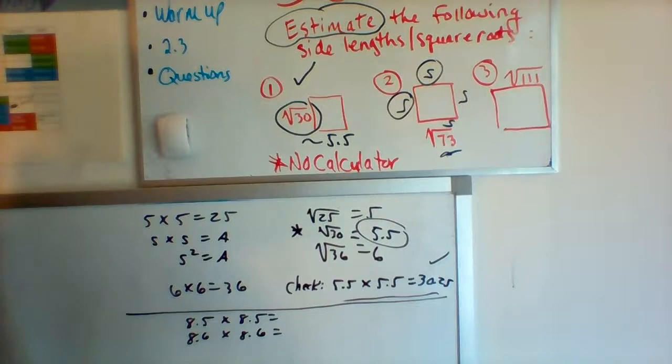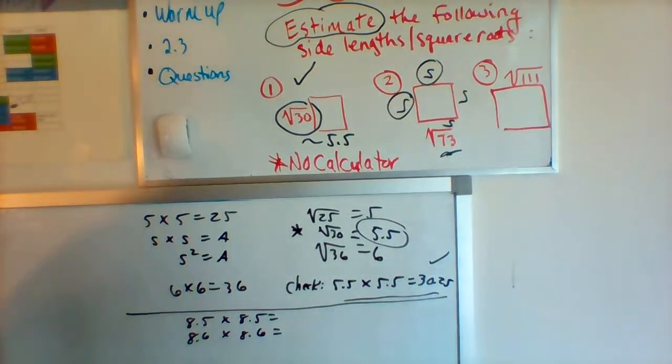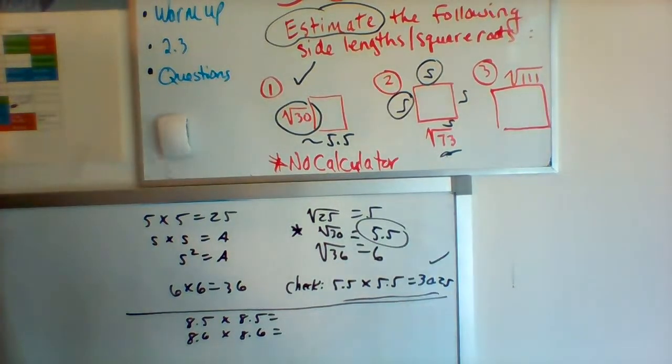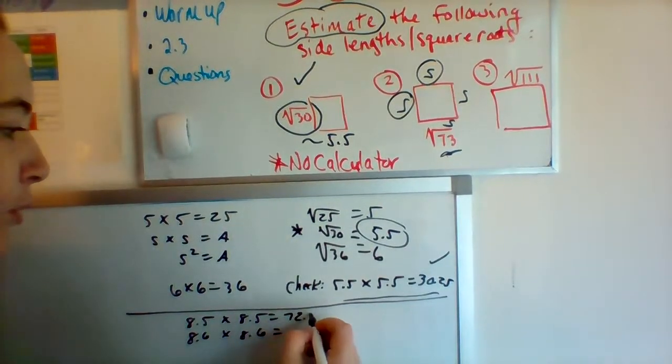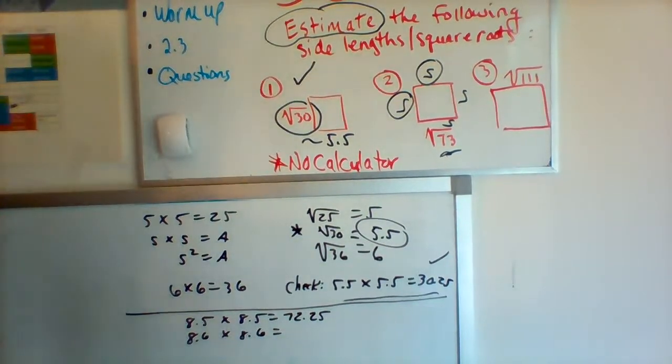What do you think? And you guys can participate with her. Help her out. If we check those, what do they come out to? Okay, so the first one would give us 72.25. Okay, what would this one give us?